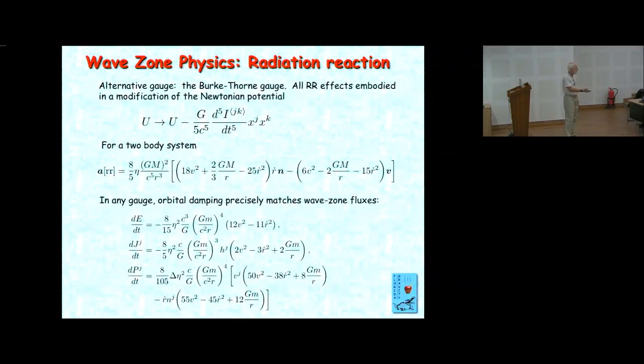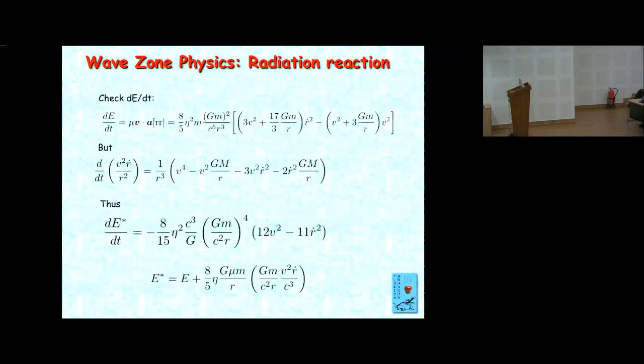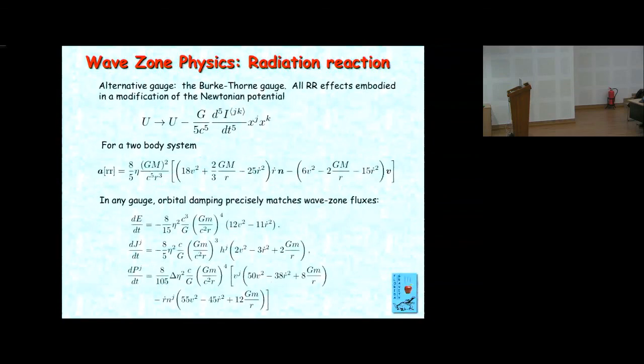But now, suppose you take that formula and calculate, say, the rate of change of energy that this produces. Since E is proportional to 1/2 v squared, then E dot is just v dot A. So if you dot that radiation reaction acceleration into v, then you should get the rate of change of energy.